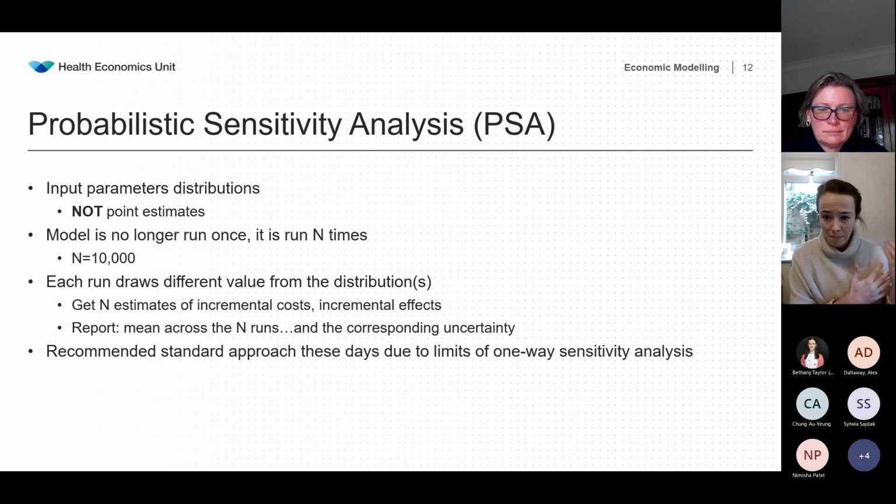And this is where that table at the beginning of what type of distribution all of my parameters have comes in really handy, because you'll need to put relatively accurate distribution limits on your model so that it pulls within an appropriate distribution. The report is then going to take the mean across those number of runs and the corresponding uncertainty with that. And this is the recommended standard approach that's used these days due to the limitations of the one-way sensitivity analysis.